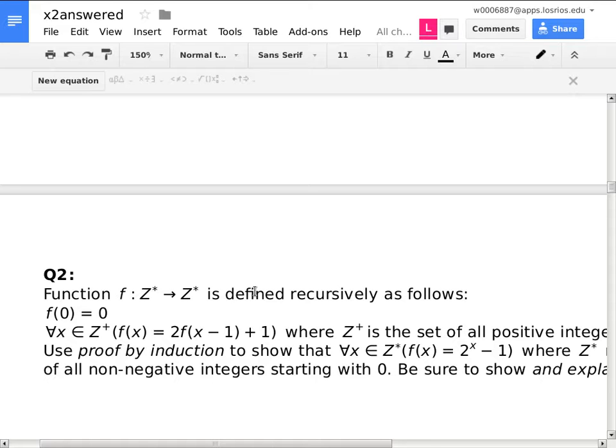Okay, so the second one is, I would say, pretty similar to practice question number 2, except this time I'm using 2 to the power of something, except there's a -1 at the end of it, but it still works. The first time we saw something like this was when we analyzed the time complexity of the binary search algorithm.